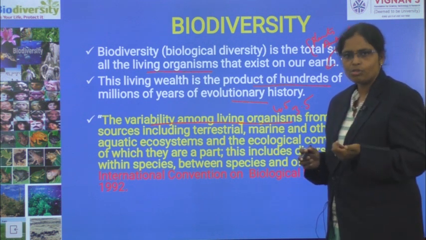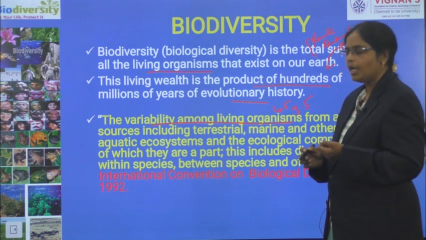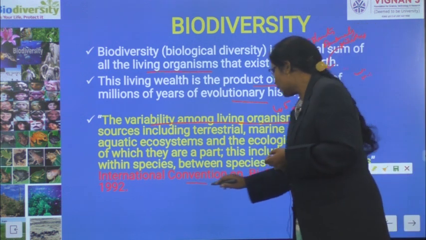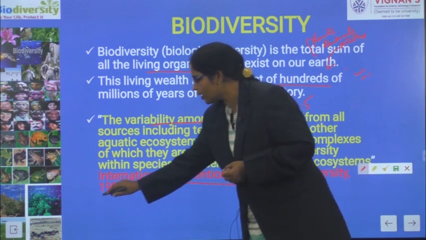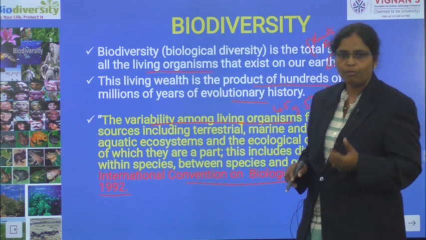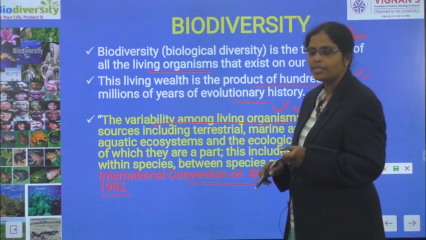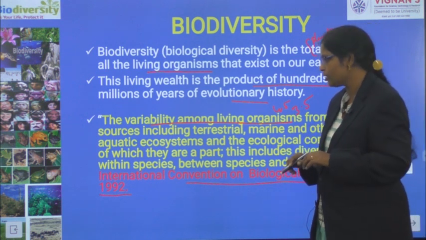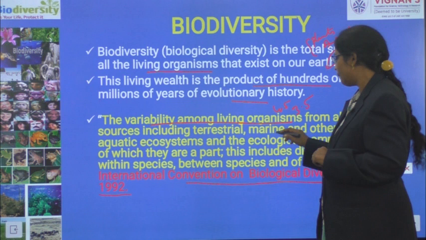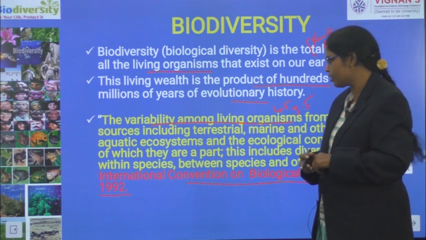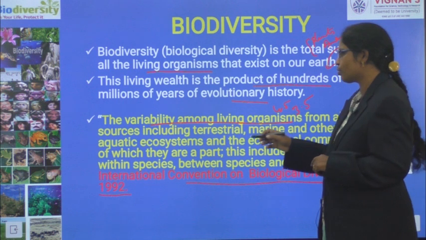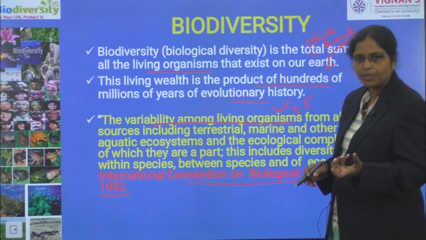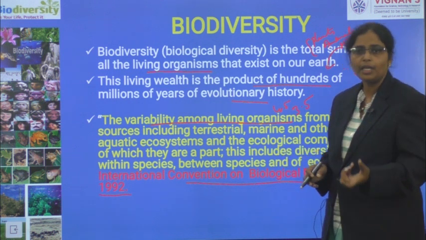The particular definition was coined by the scientist Wilson. Before Wilson, Rosen coined the term biodiversity, and it was defined at the International Convention on Biological Diversity organized in 1992, where they defined that biodiversity is the variability among living organisms from all sources, including terrestrial, marine and other aquatic ecosystems and the ecological complexes of which they are a part, and this includes diversity within species, between species and of the ecosystem.